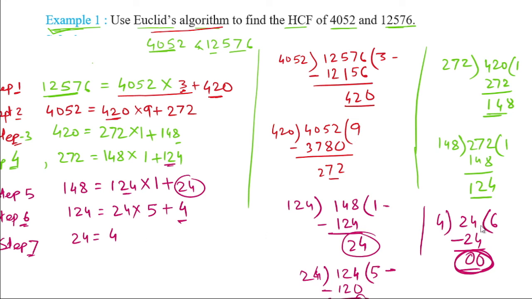So here we will multiply by 6 and remainder is 0. So this divisor 4 will be our HCF. So here the final divisor, that is 4, will be the HCF by the method of Euclid's algorithm. So friend, we have got 4 as HCF. So these are the steps to find the HCF by Euclid's method.